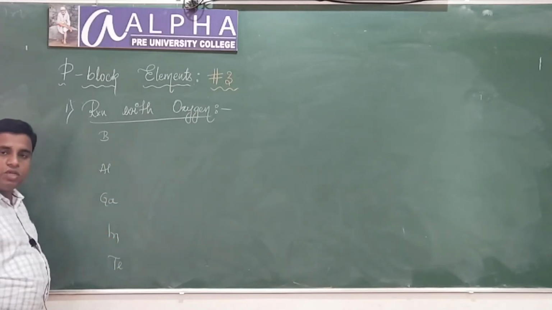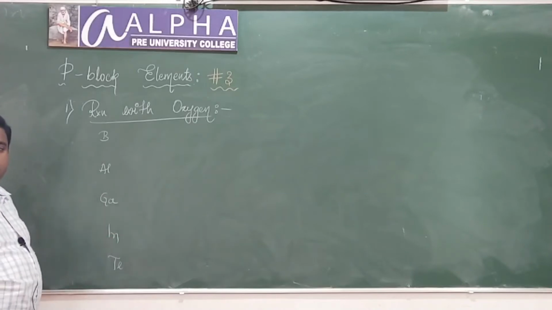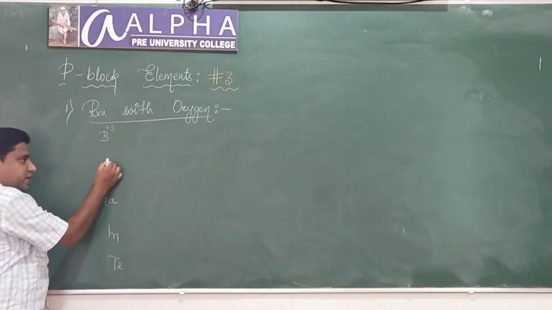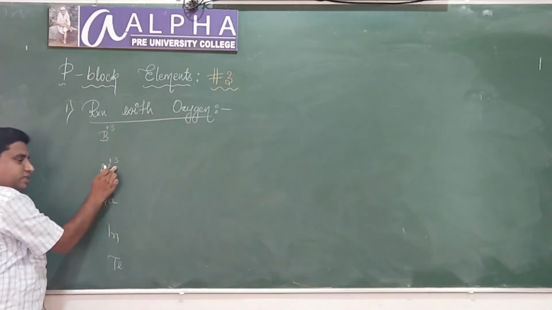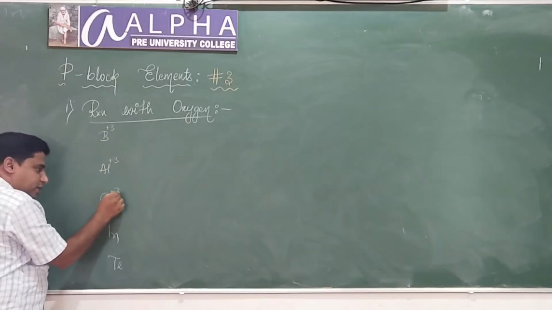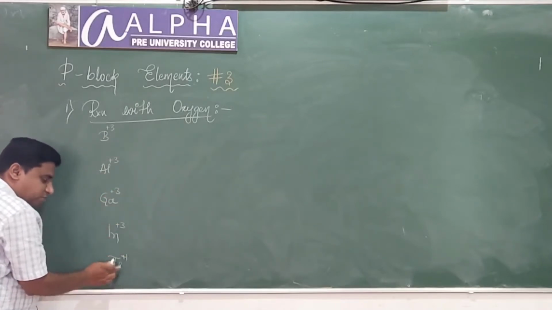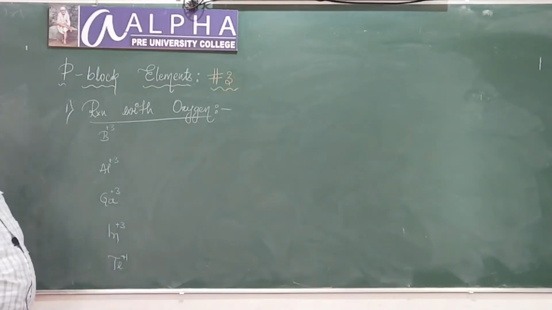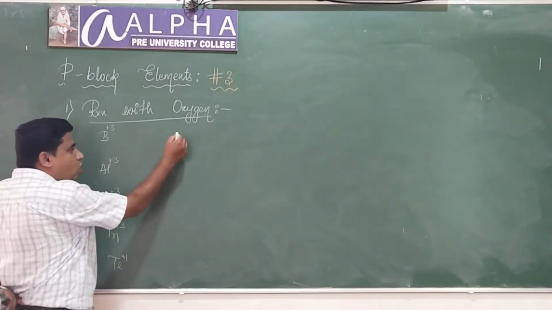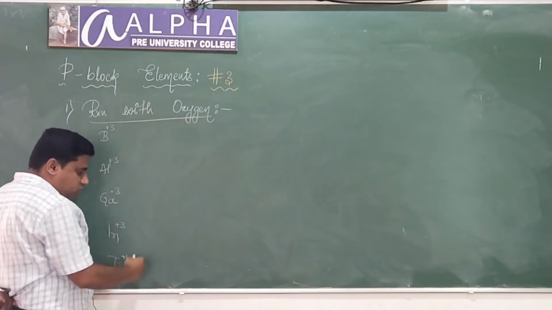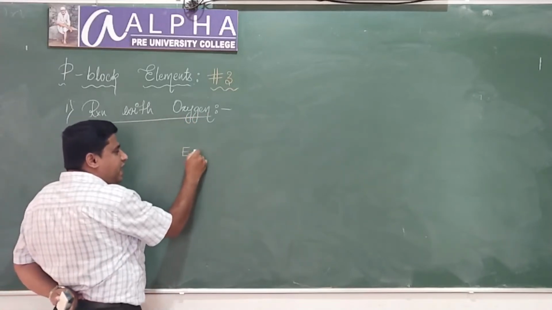We have already studied the stability of oxidation state. Boron exists in +3 oxidation state, aluminium +3, gallium +3, indium +3, whereas thallium is +1 because of inert pair effect. Now, what happens when these elements react with oxygen?